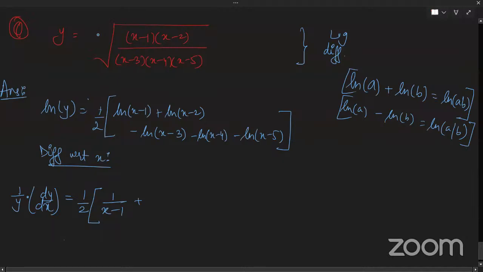Plus, what about x minus 2? 1 by x minus 2. Great. Minus, what about this thing? 1 by x minus 3. What about this? Minus 1 by x minus 4.